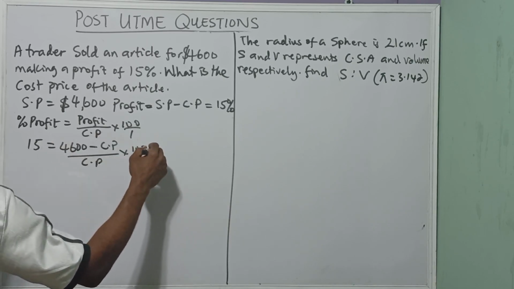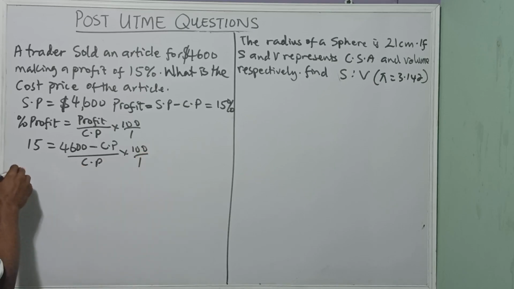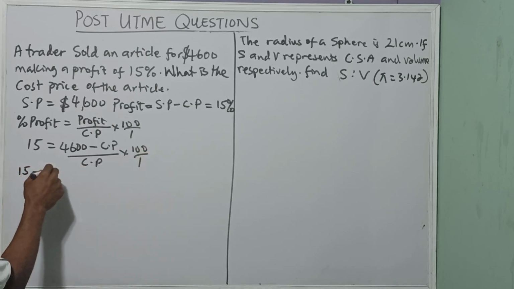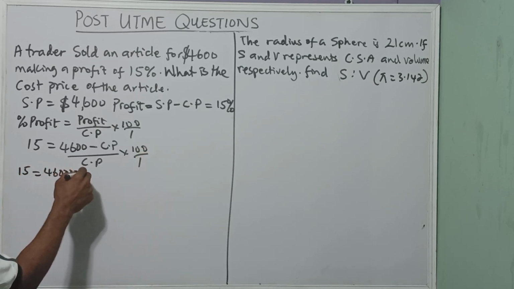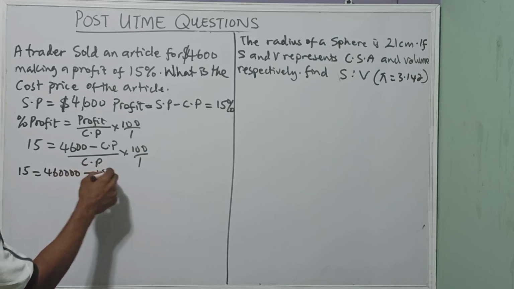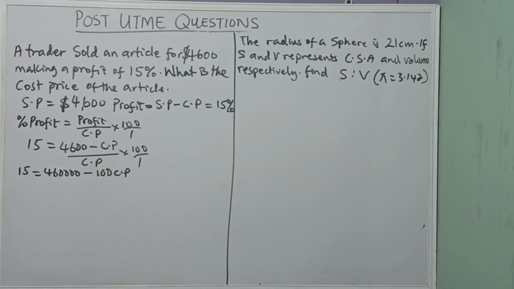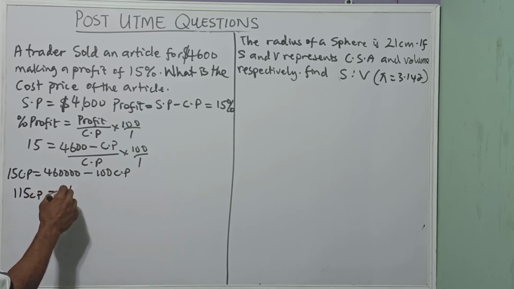Expanding this bracket, we have 15 CP equals 460,000 minus 100 CP. Cross multiplying and collecting like terms, this becomes 100 plus 15, which gives us 115 CP equals 460,000.